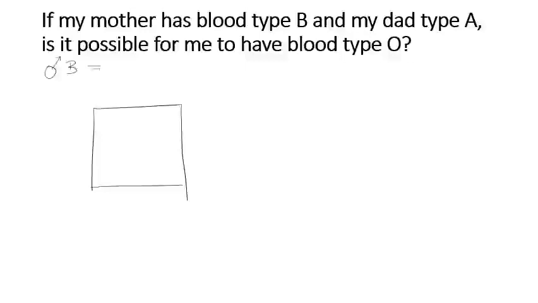Now B can be homozygous or it can be heterozygous. Okay? They haven't told us. Dad is type A. So type A can be homozygous A for the blood group, or it can be heterozygous A for the blood group.